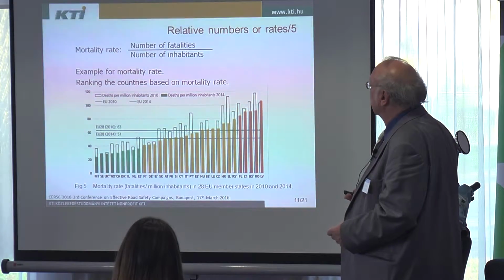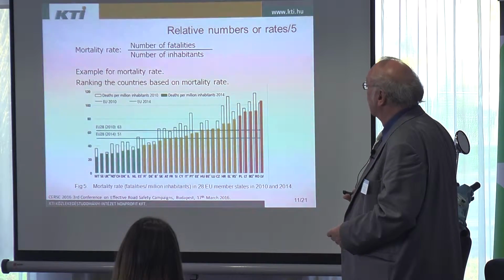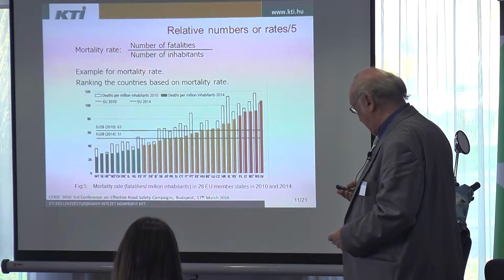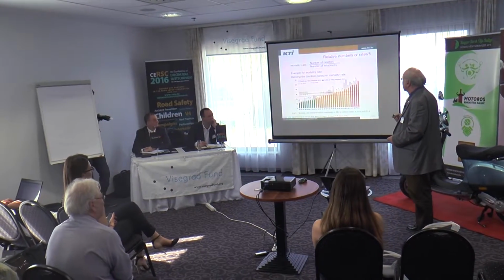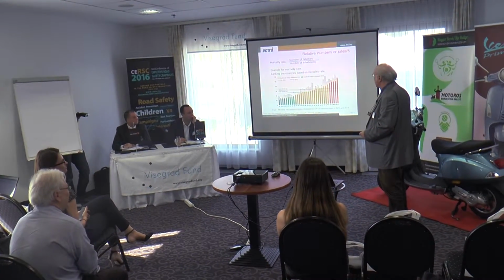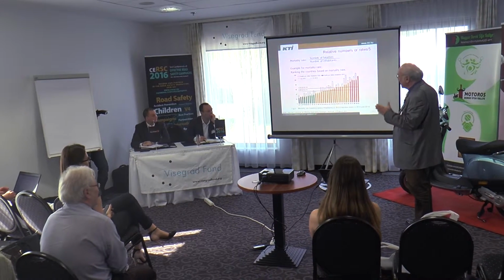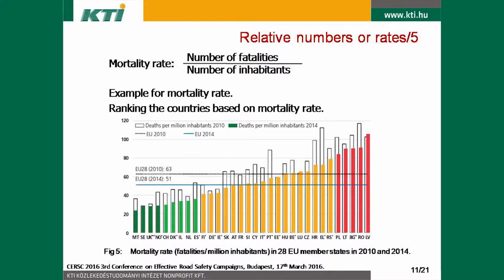And the other kind of relative number is the so-called mortality rate, when the number of fatalities is divided by the number of inhabitants. This figure is taken from an ETSC publication, and here you can see the values of the mortality rate for different EU member countries and for 4 other countries as well.